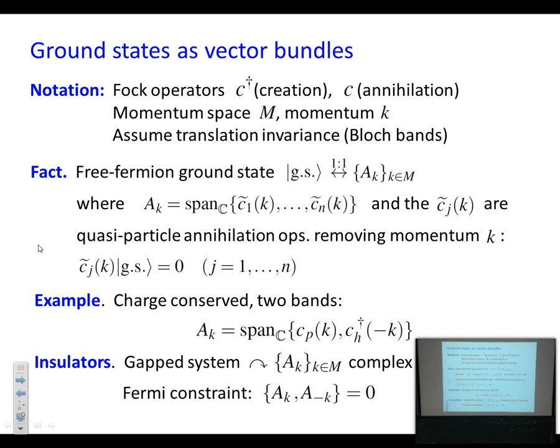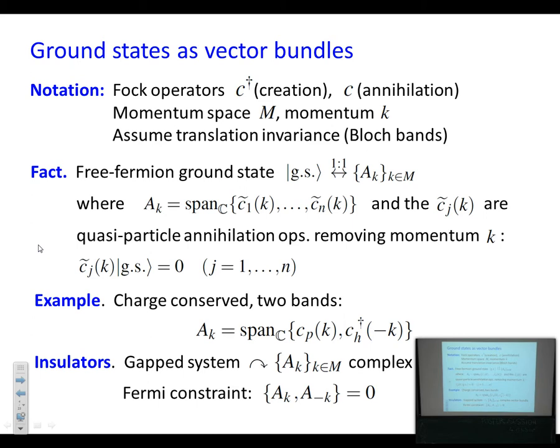Now, the first important fact is that so-called free-fermion ground states, also known as ground states in the Hartree-Fock-Bogoliubov mean field approximation, are completely determined by saying for each momentum which are the generalized annihilation operators, so-called quasi-particle annihilation operators, which applied to the ground state gives 0.